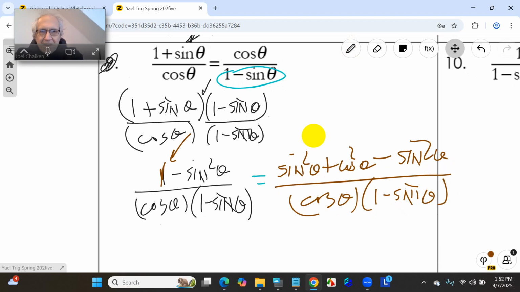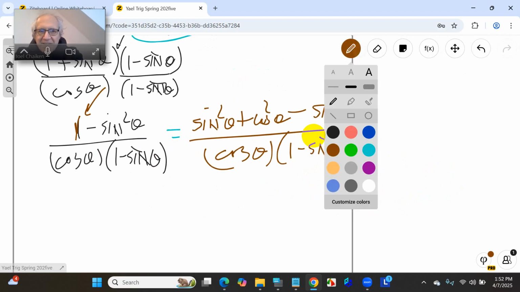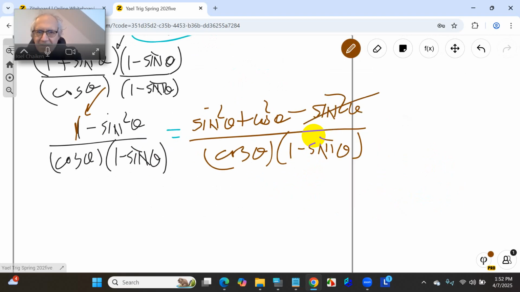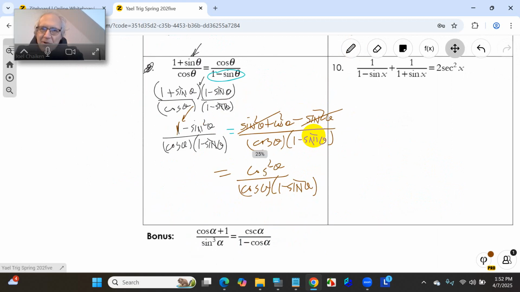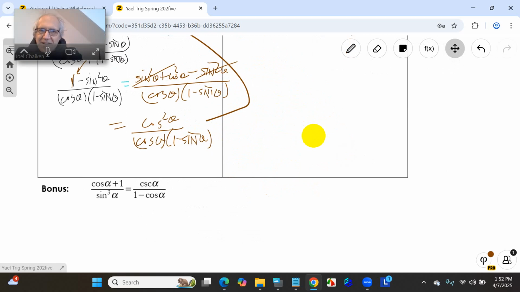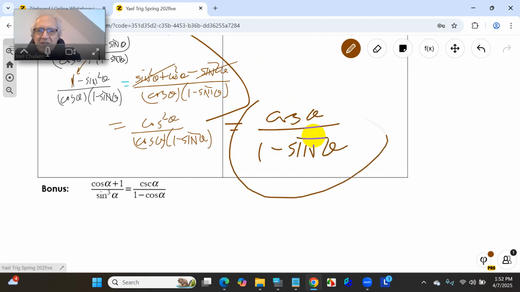Now this is working out pretty well because the sine squared theta is going to cancel, and you're left with cosine squared theta over cosine theta, 1 minus sine theta. Well, now you look at the goal, look at the answer, you're getting closer, and then you realize, oh my, look at this. I've got a cosine squared theta on the top and a cosine theta in the denominator, so that just simplifies to cosine theta over 1 minus sine theta. And guess what? You're done.